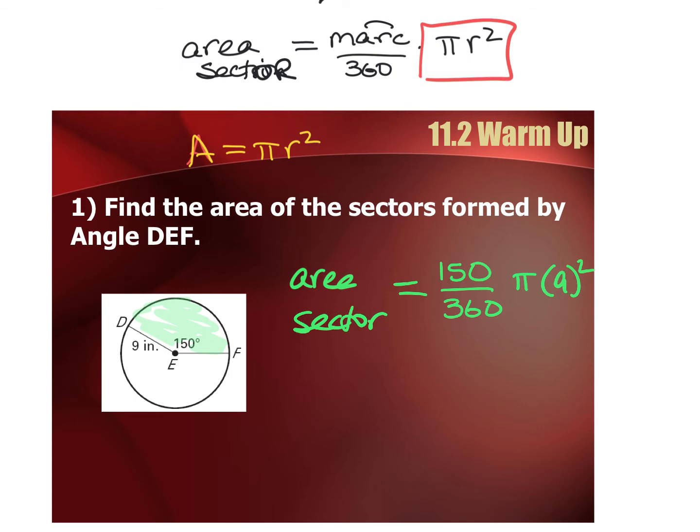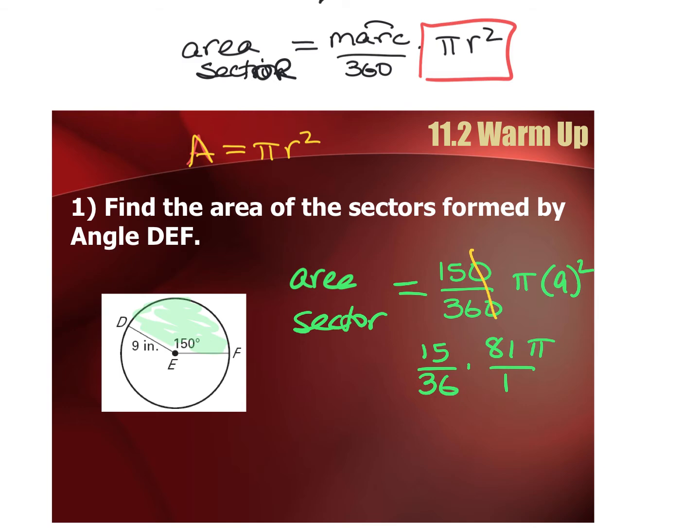Now, I want it as a simplified fraction. So I'm going to start simplifying. I get 15 over 36. I can also multiply and get 81 pi. If it helps you to put a 1 there so you can see how to simplify the fractions diagonally, you can. If your calculator simplifies the fractions for you, you could just multiply straight across and hit your button and your calculator will do it for you.